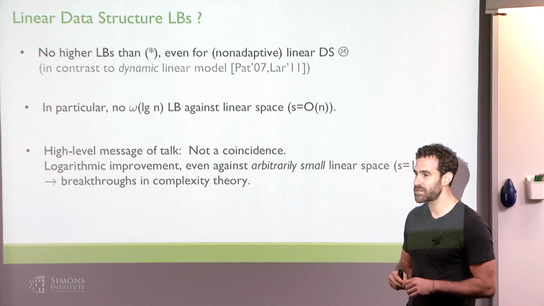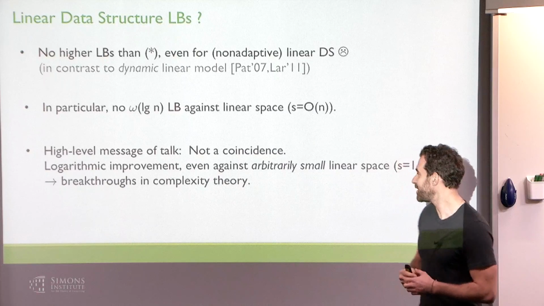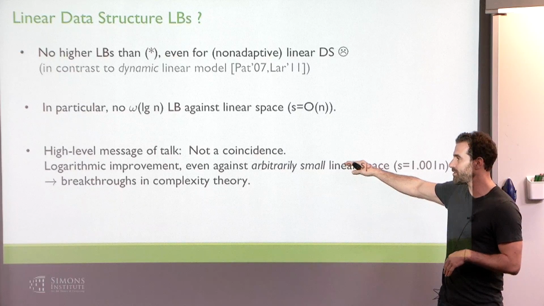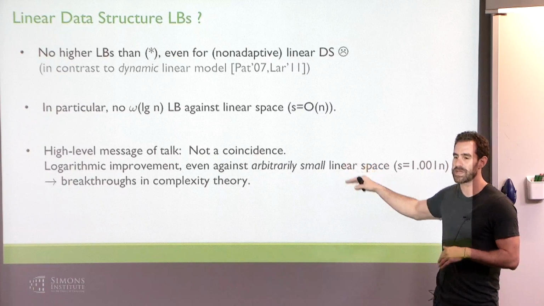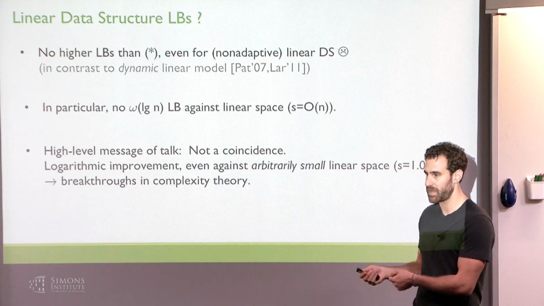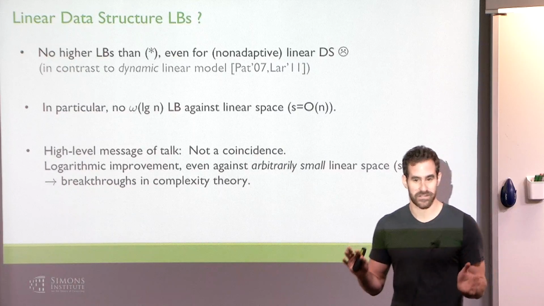We'll get to that. So don't despair already. We will see in the end that only if we prove an extremely strong data structure lower bound will it actually imply a circuit lower bound. So there is some hope.